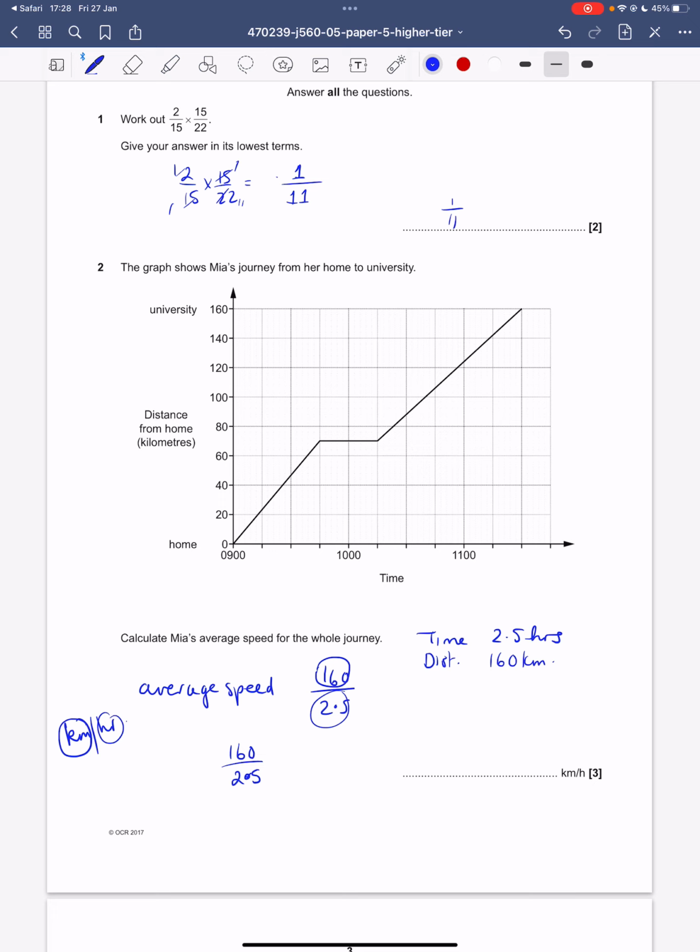Well, I would say you find an equivalent fraction, and I would multiply top and bottom by 4 here. The reason I chose 4 is because it makes the denominator into 10. 160 times 4, 640. And then it's straightforward to divide by 10. 640 divided by 10, 64 kilometres per hour.